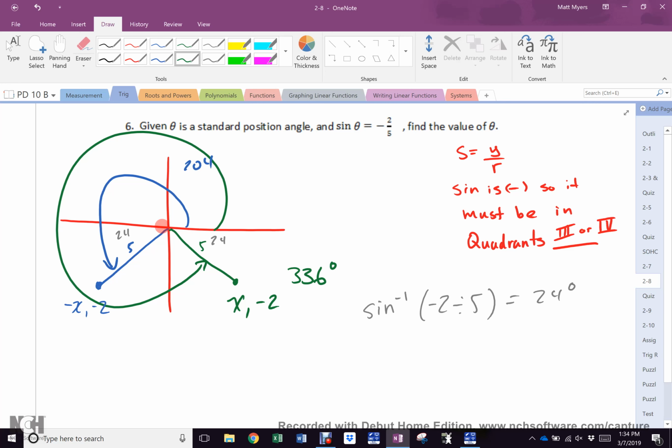Are you using the negative button or are you using the minus button? Are you pushing the subtraction button or the positive negative button?